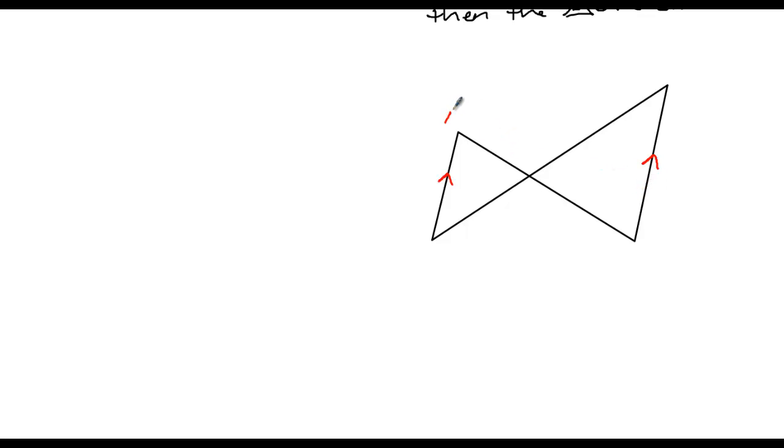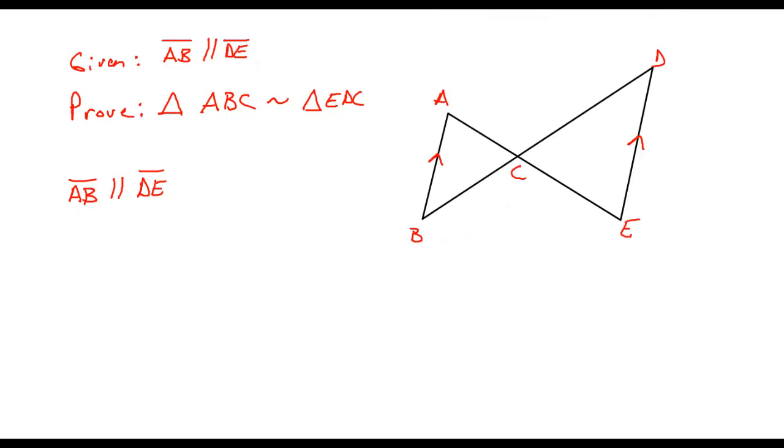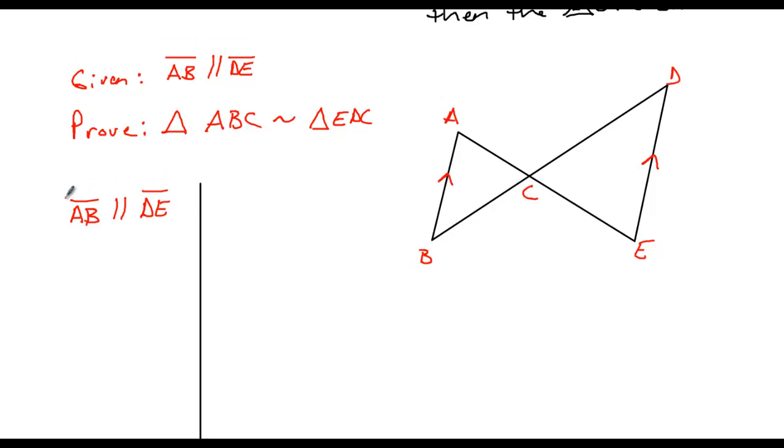So this will be A, B, C, D, and E. So AB is parallel to DE. We're going to make a fancy little two-column proof, like you love to do.